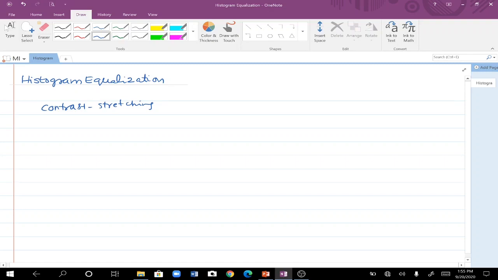In that method, what did we do? Assume that I have a distribution of intensities there. For example, let this R be different possible values that could be there from 0 to L minus 1, and then we are plotting the histogram there for a given image. Let's call that image I of x comma y.